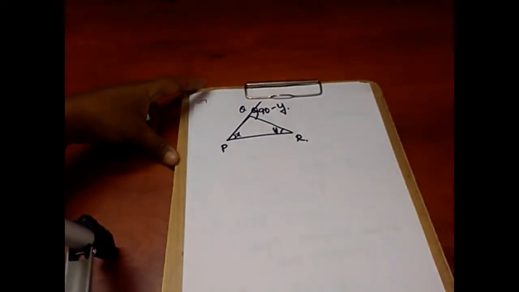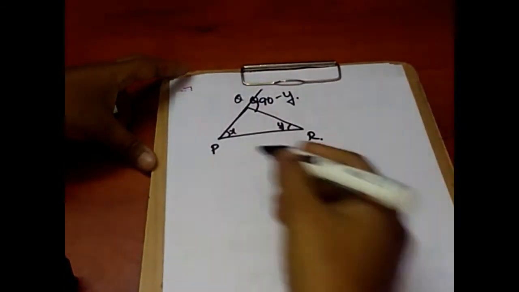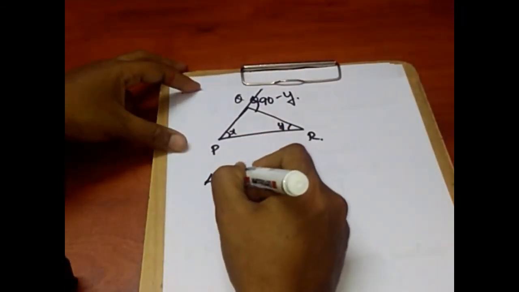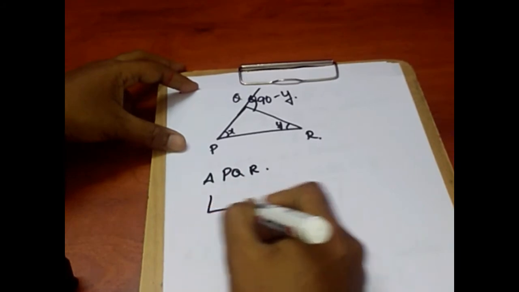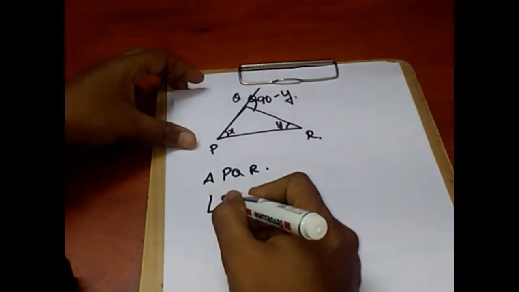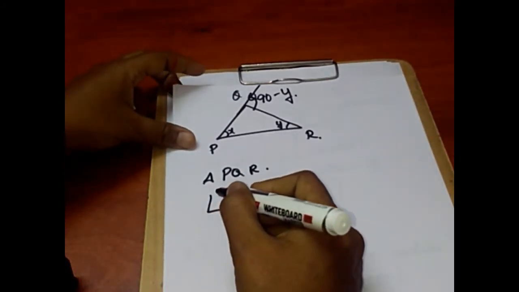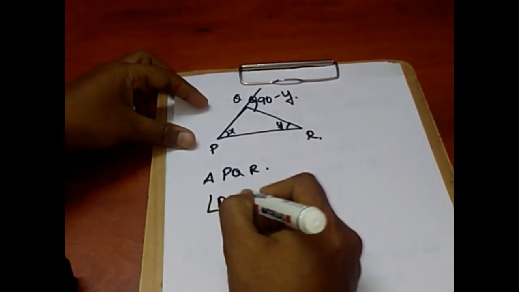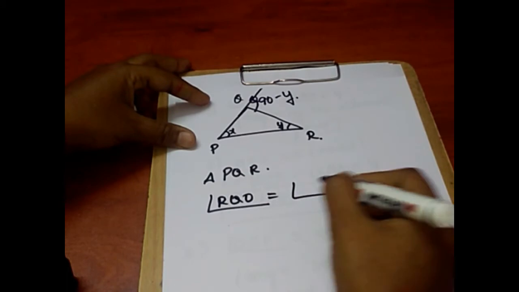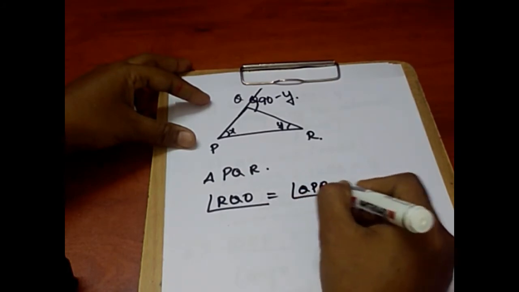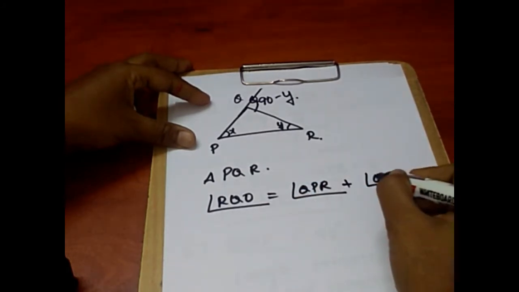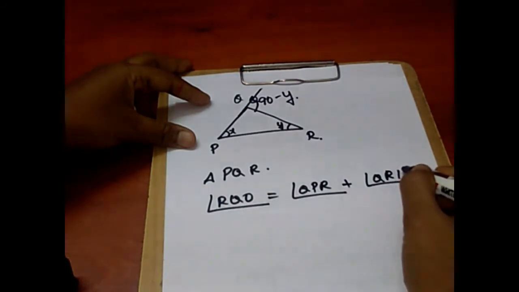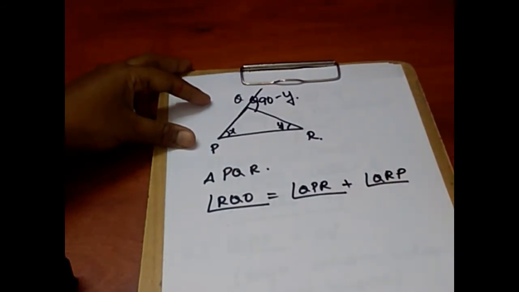That is, consider triangle PQR, angle RQO is equal to angle QPR plus angle QRP.